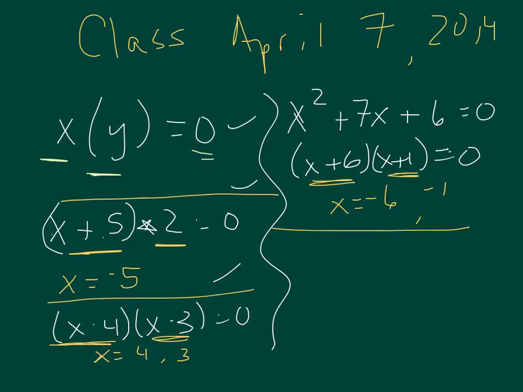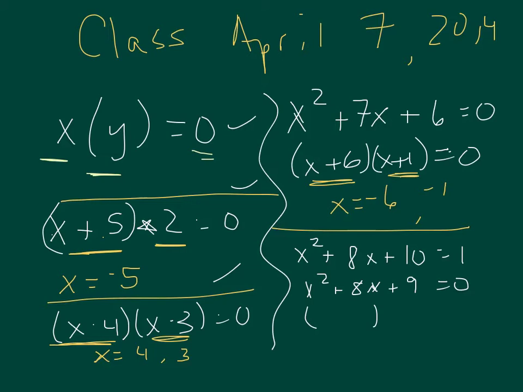Okay, let me look at one more with you. As a final piece, if we had x squared plus 8x plus 10 equals 1, what we really want is this trinomial set equal to 0. Sorry, that's not going to factor.